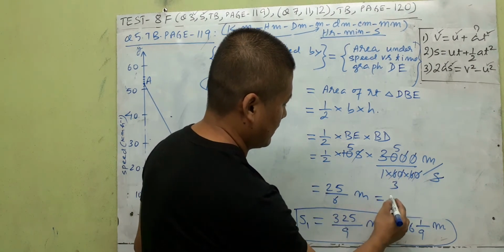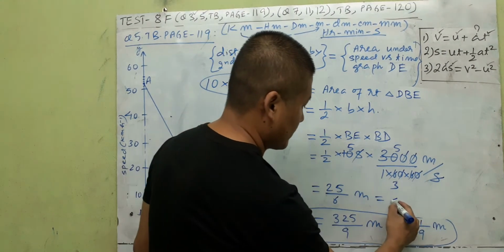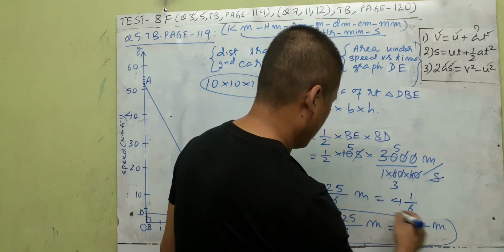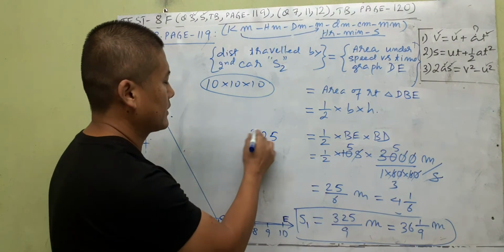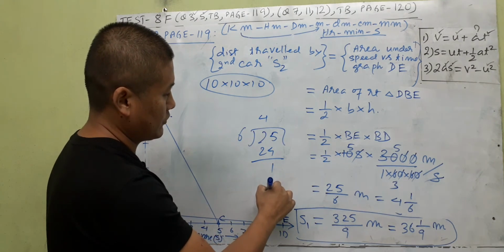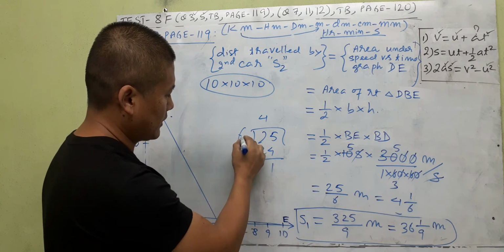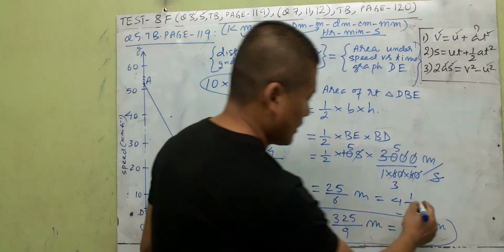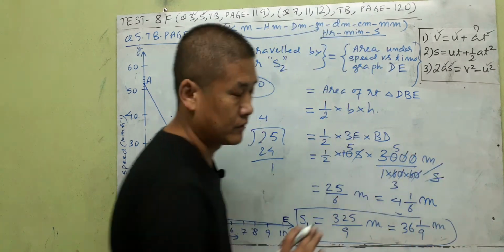So that will be 6 4s are 24, 1 remainder by 6. So 4 and 1 by 6, you see here, 25 by 6. 4s are 24, 1 remainder. A little bit more than 4 meter it goes.